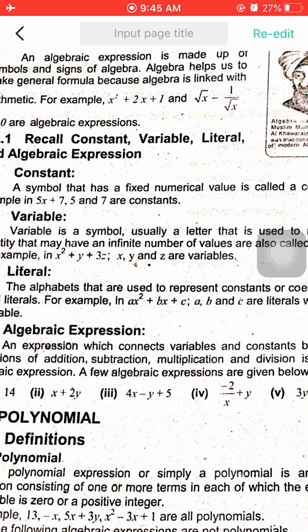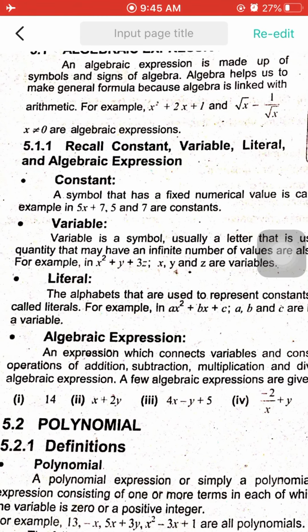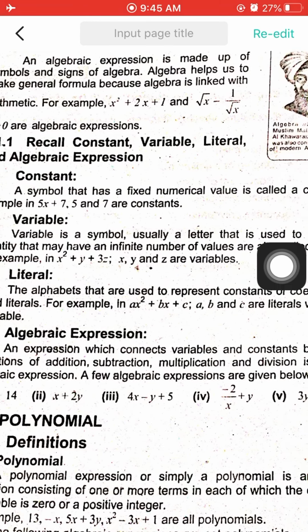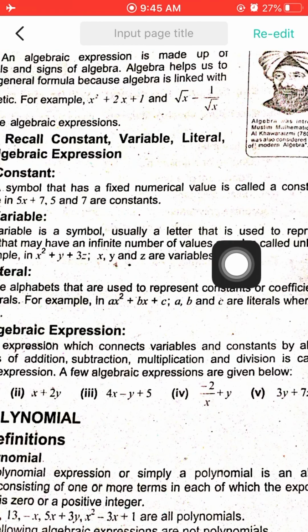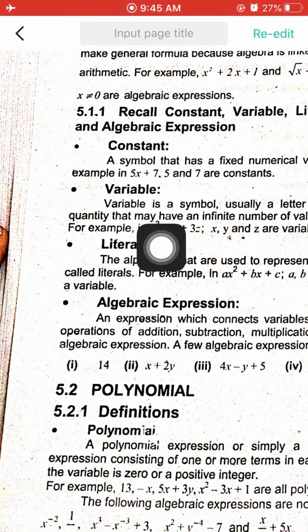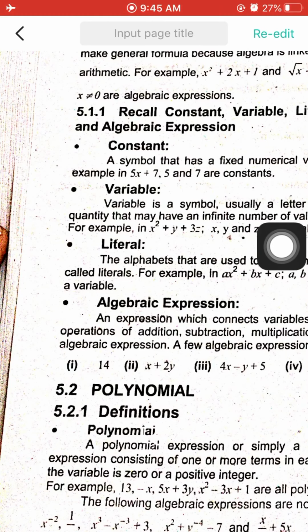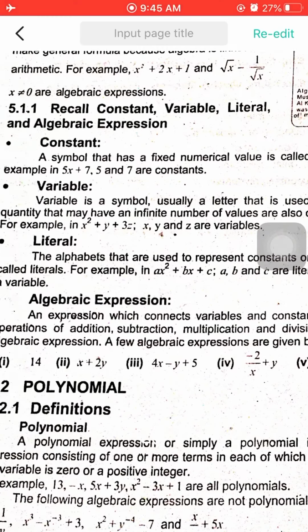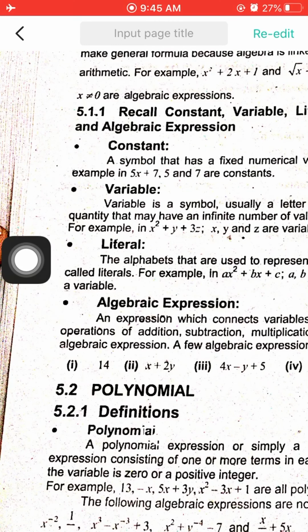Usually it is denoted by a letter of the alphabet. The proper definition: a letter is usually used to represent a quantity that may have an indefinite number of values, and it is also called an unknown. A variable has two names, variable and unknown. These are two names for the same thing.